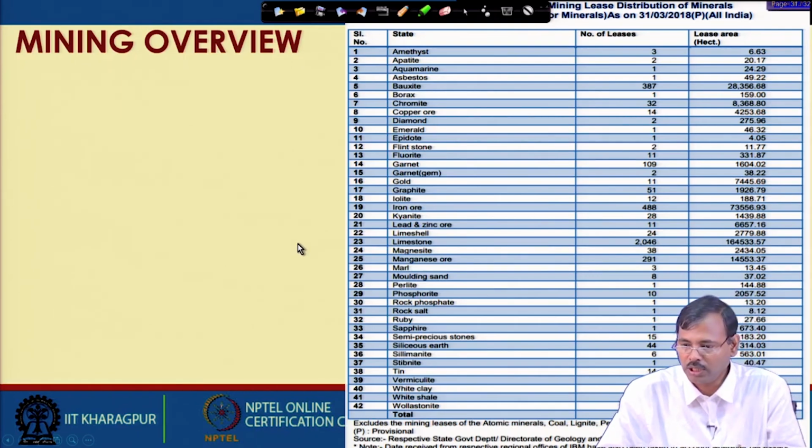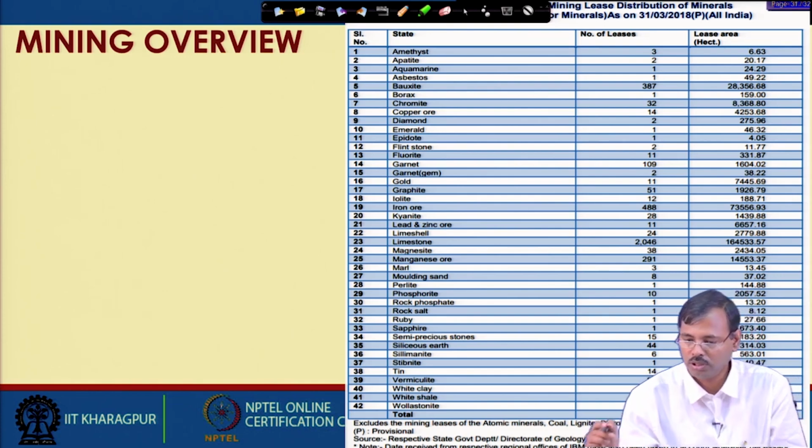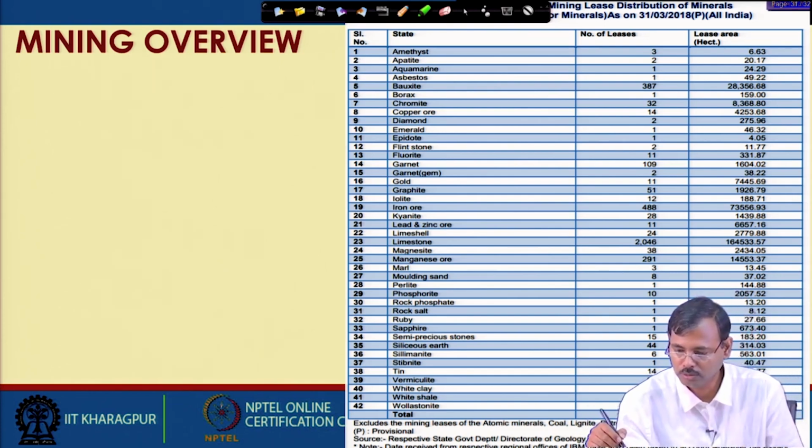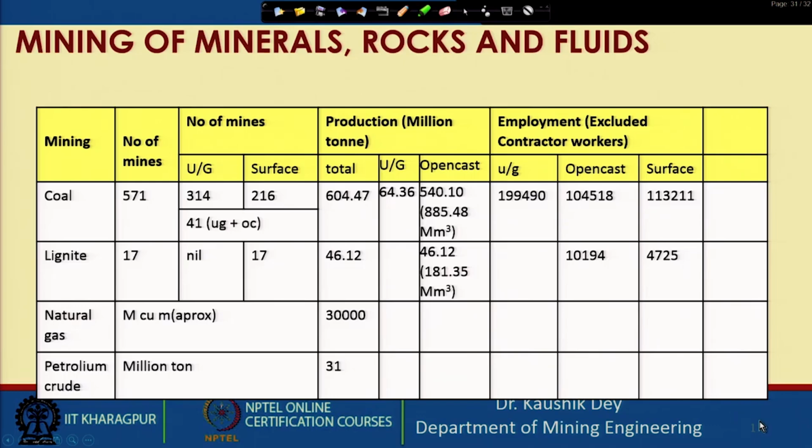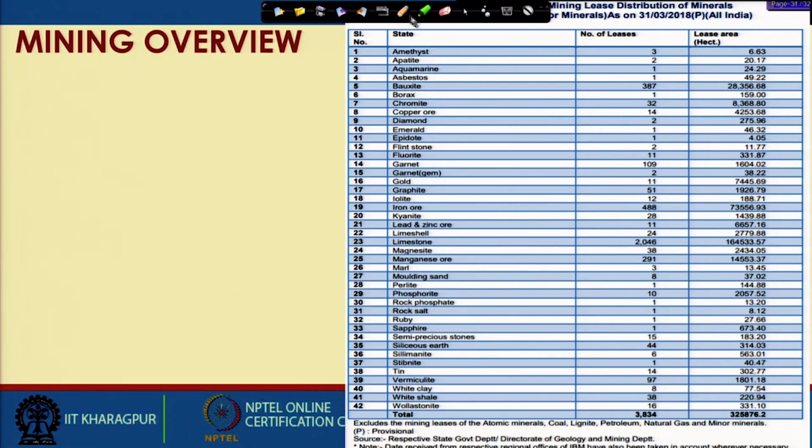If you look into the leasehold area, you will find the total leasehold area is 3,25,000 hectare, and this is the number of lessees.